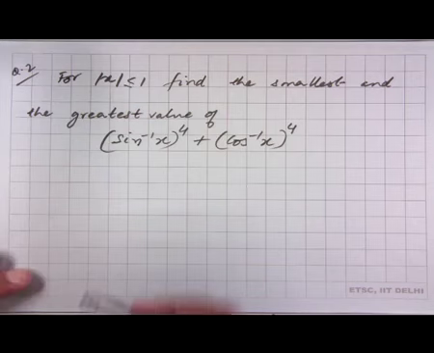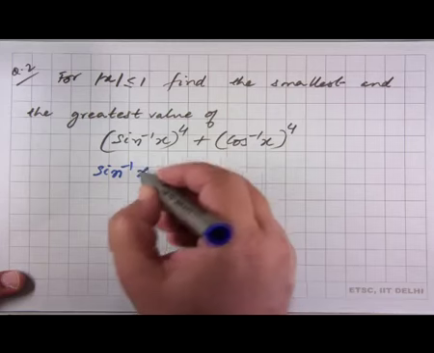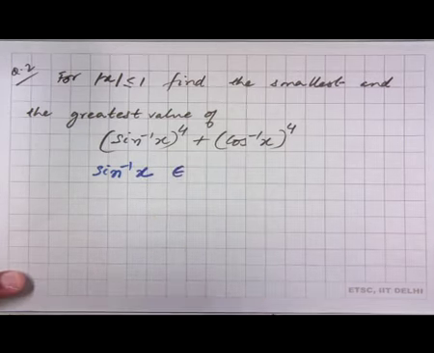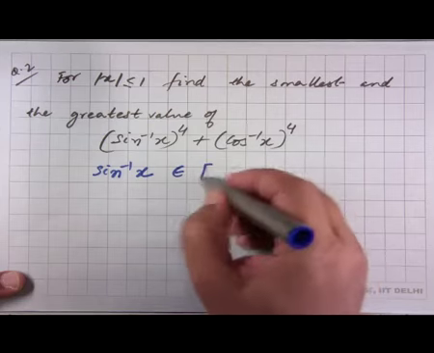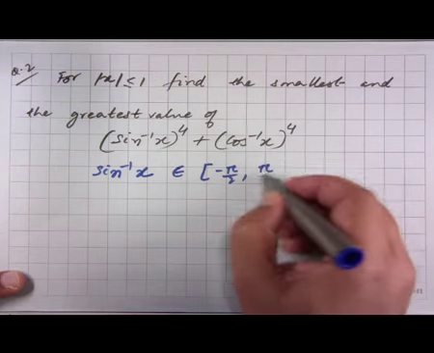Now we know that sin inverse x has a range from minus pi by 2 to plus pi by 2.